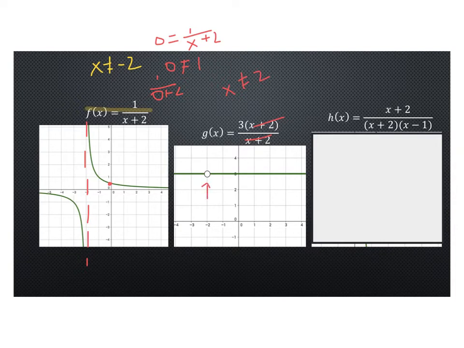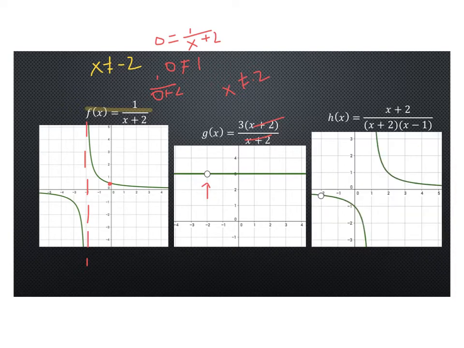So we would take our reduced form and replace the x value with -2, which in this case there isn't one. It's just 3.